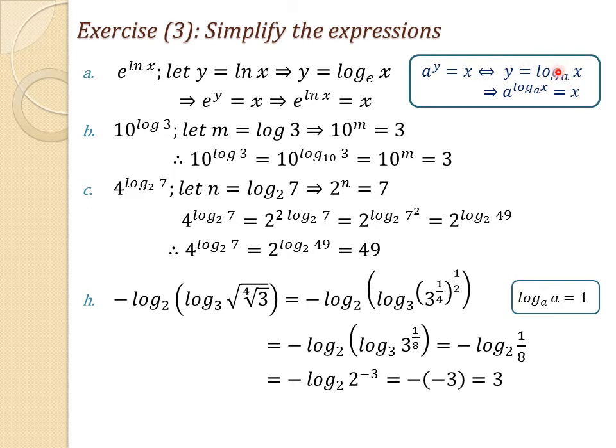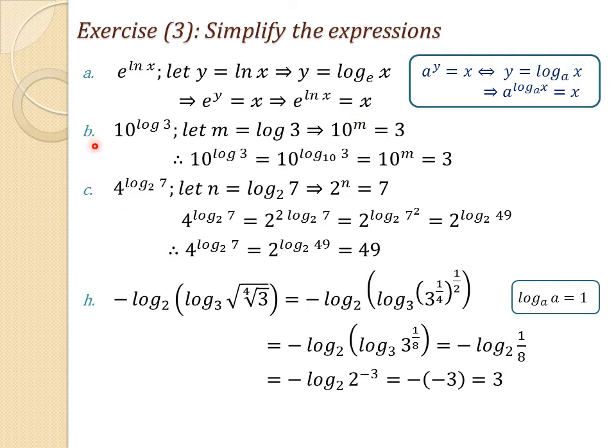So we get a result from them: a power logarithm base a for x equals x. So the base and this base are the same value. The base of ln is e and this is e, so the result is x.